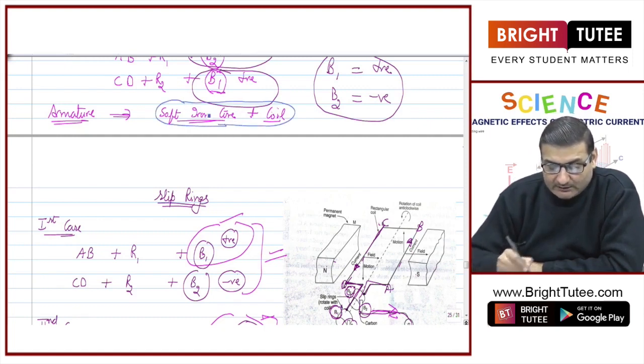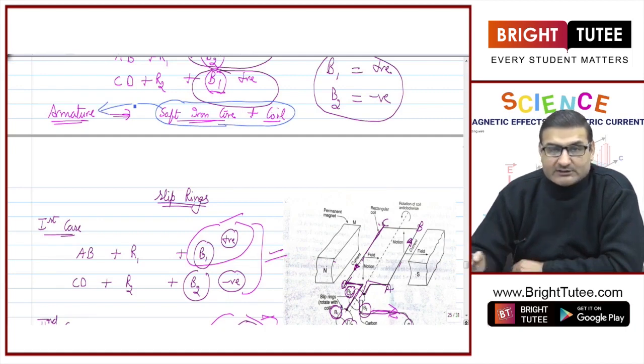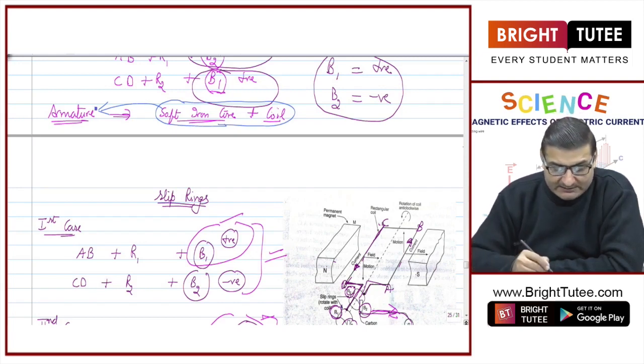The coil along with this soft iron core is known as armature, and this increases the strength of the magnet and the current induced. So what is armature?